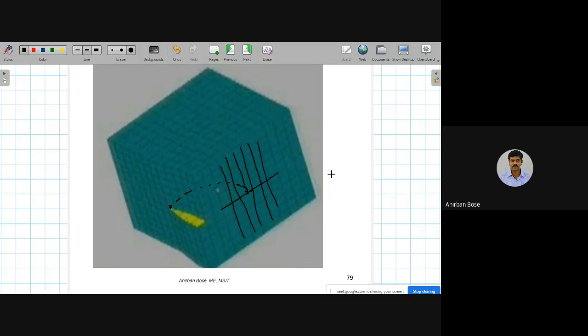Okay, so as the slip motion started, this dislocation line will move in a direction perpendicular to the dislocation line vector. That means it will move from here to here.